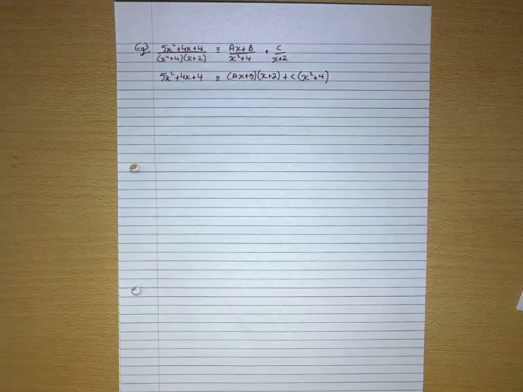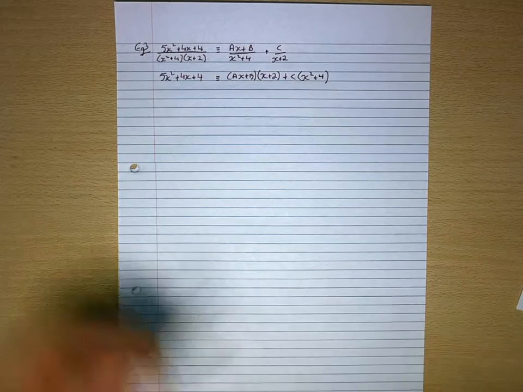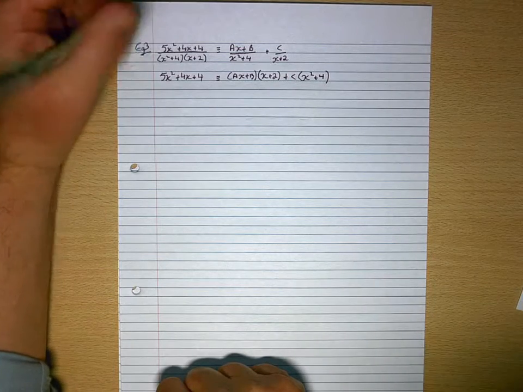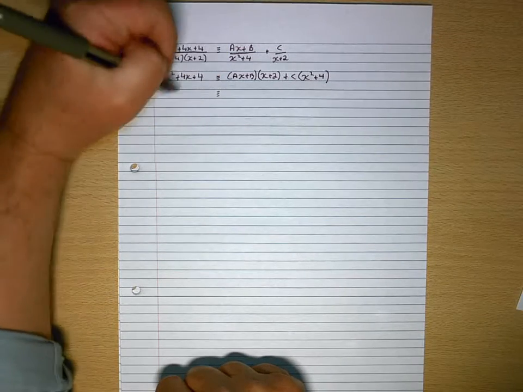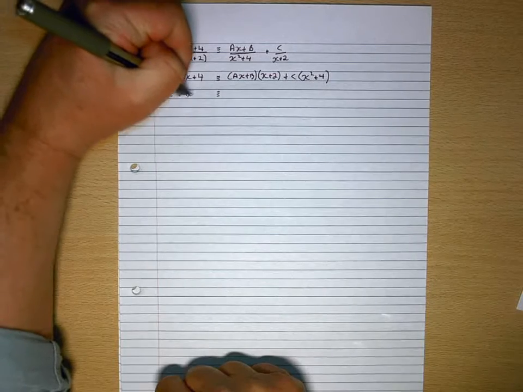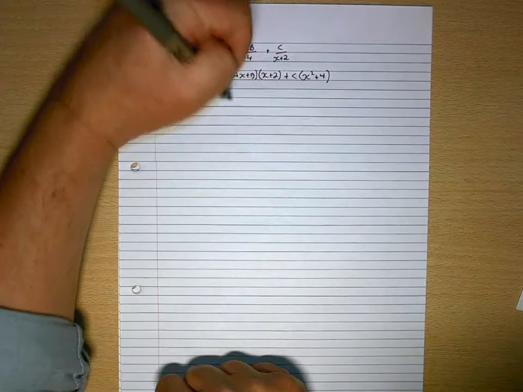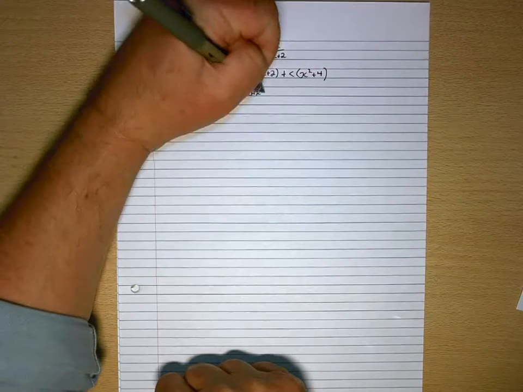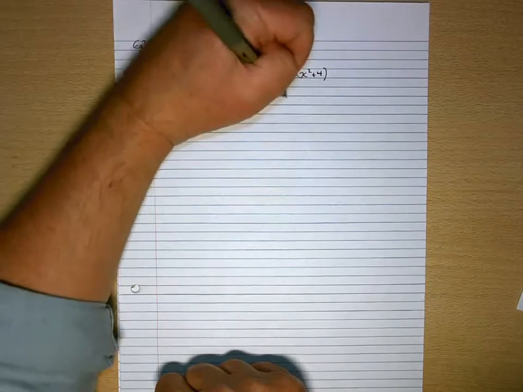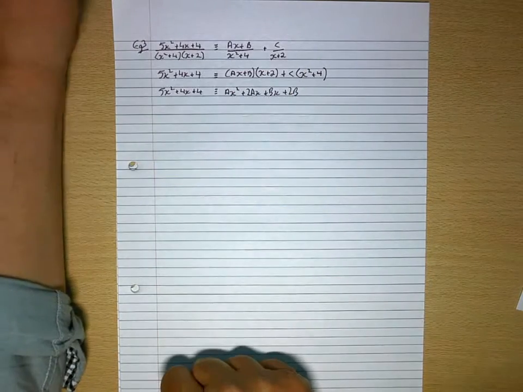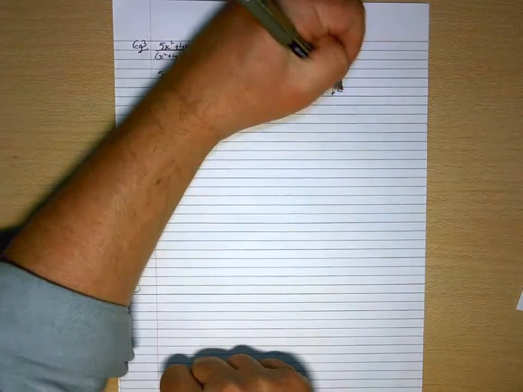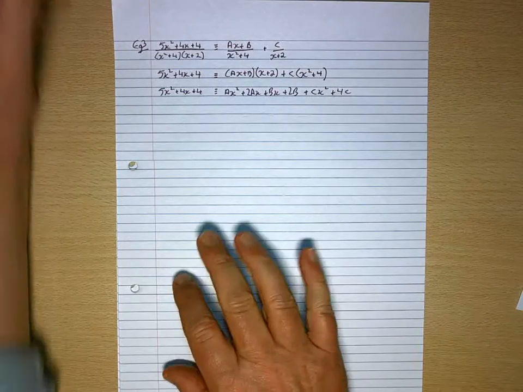You can see that it's a bit complicated now if we wanted to do this by inspection. So I'll set out the method for comparing coefficients. Expanding this bracket, ax squared plus 2ax plus bx plus 2b, and expanding this one, cx squared plus 4c.